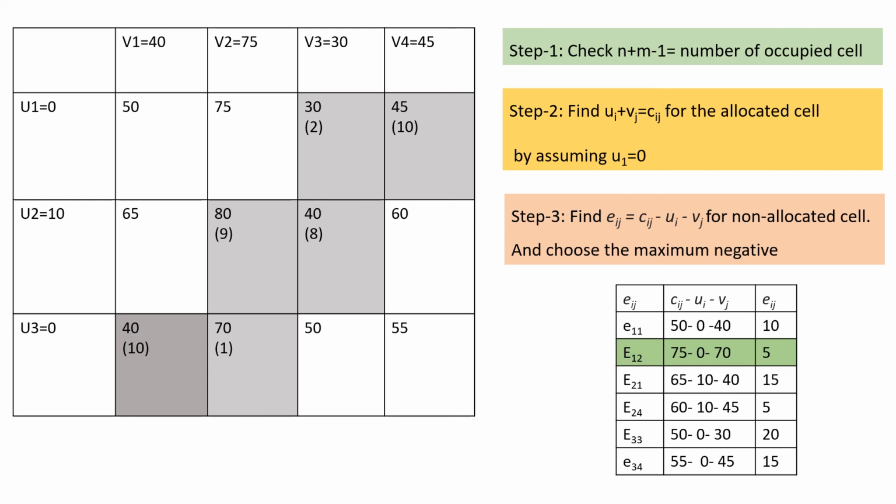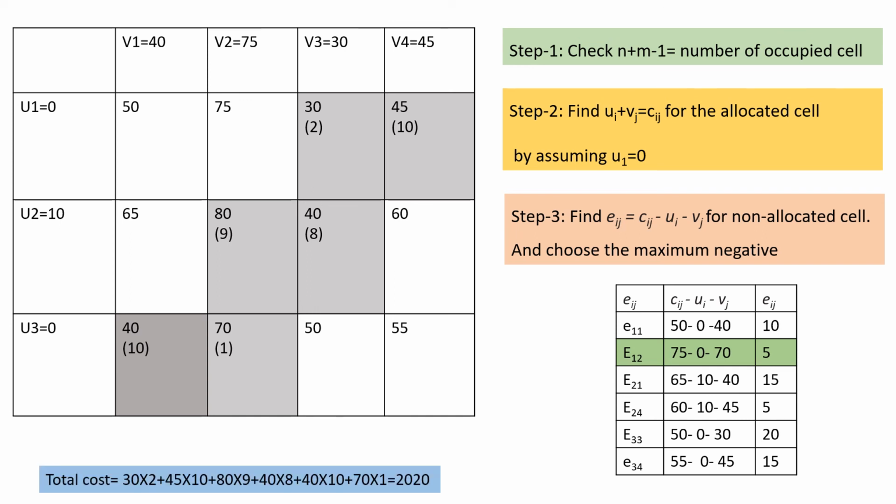So it is highly advisable to start finding the optimal solution from the Vogel's approximation method result. This is just a tip. So the final optimal solution is 2020.